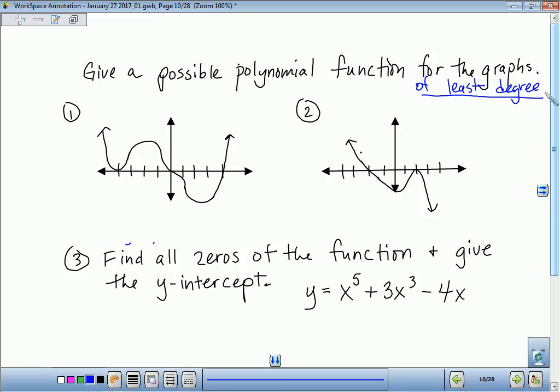It could really be any even factor. But I'm going to say of least degree, so we just choose 2 if it bounces. Now, with odd multiplicity, because I said of least degree, don't choose 5 or 7 or 9. Choose 3 if there's an inflection.